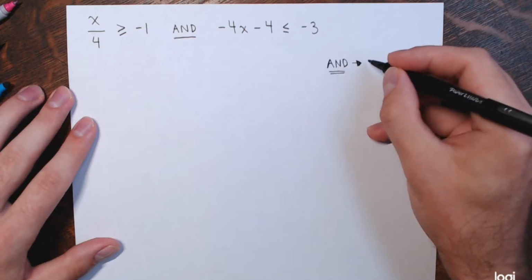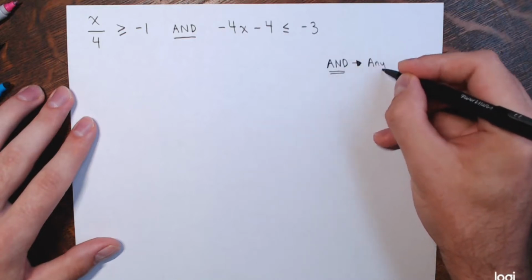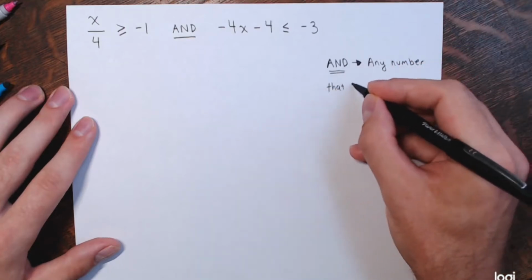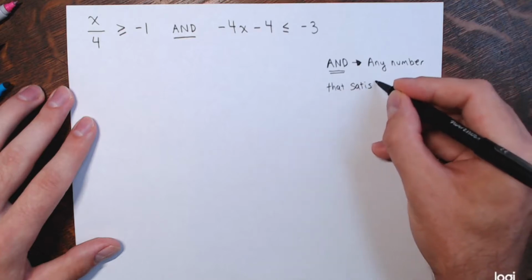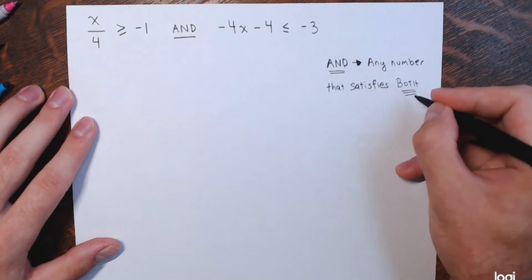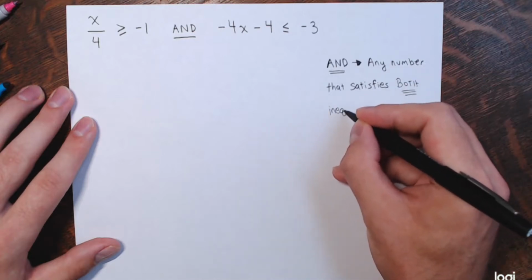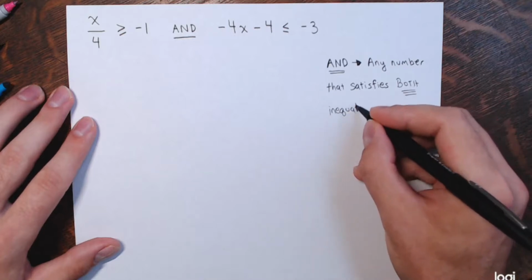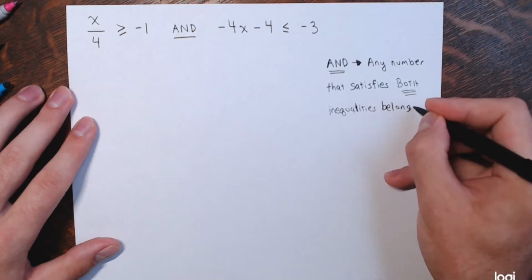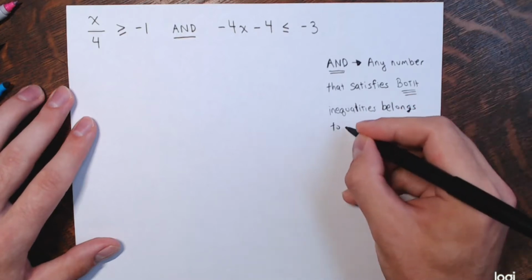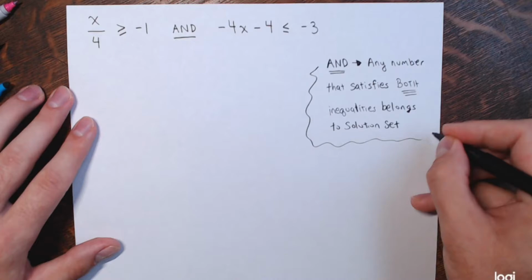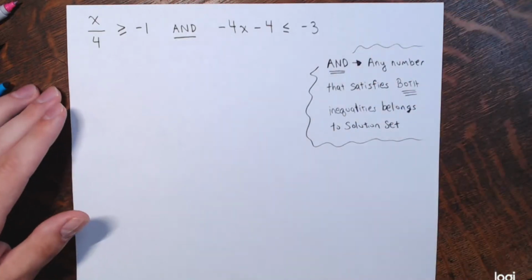So any number that satisfies both inequalities, and it's got to be both, belongs to the solution set. So it's a lot more restrictive than the word OR.